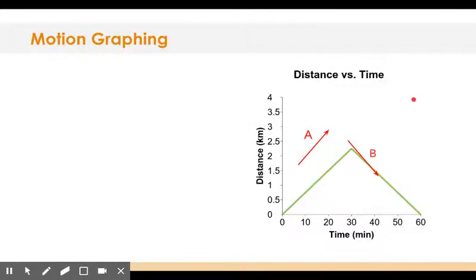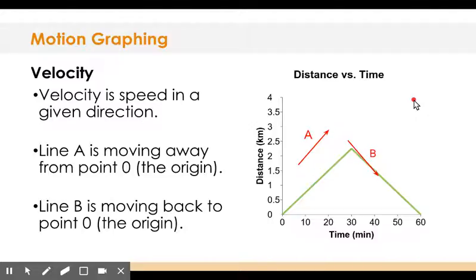Okay, let's look at other types of graphing motion. Velocity is speed in a given direction. If you look at line A, it's moving away from point 0, the origin. So the distance is going, let's say, north over time, and then it turns and goes back south.